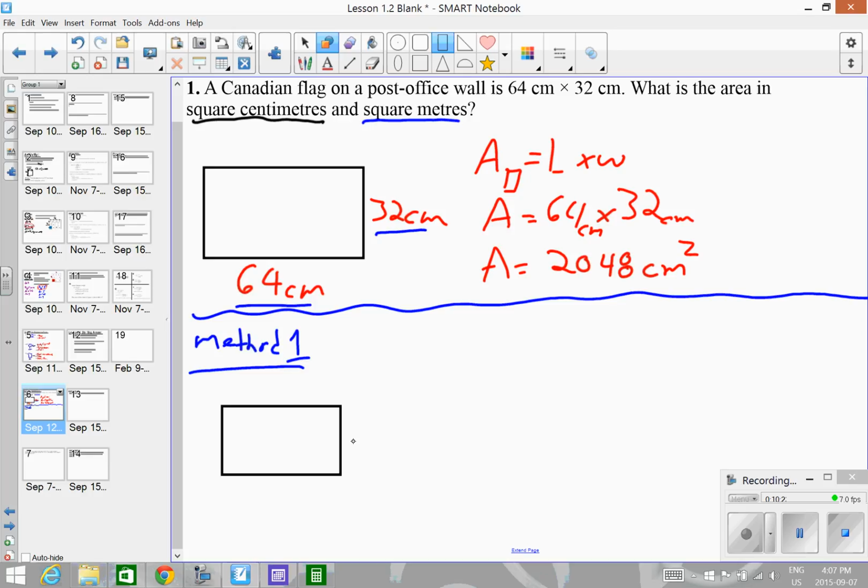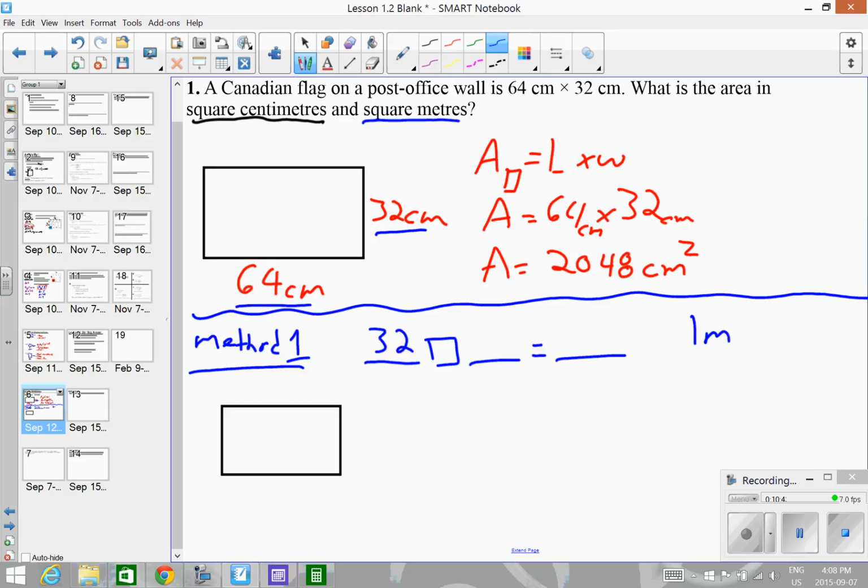So here's my flag. Now I'm going to change 32 centimeters. I'm going to use a skeleton equation. All right, so from the question is 32, and I know that 1 meter is 100 centimeters. That's from my formula sheet, or if you have it memorized. So 100 goes here.